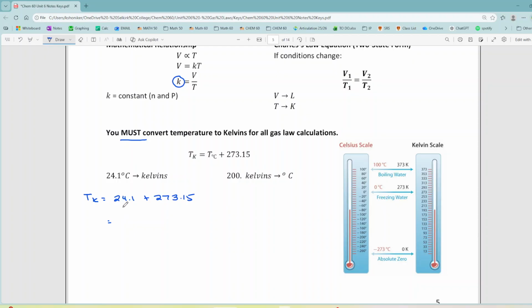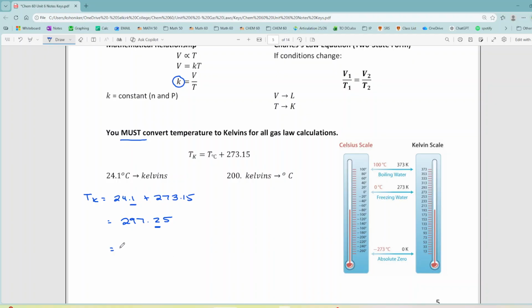So when I'm introducing this new number into my calculator, I'm going to do 24.1 plus 273.15. I get 297.25. And then you have to be careful. It's not 3 sig figs. You have to maintain precision. Since this was to 1 decimal place, that's my least precise value, so I'm going to answer to 1 decimal place.